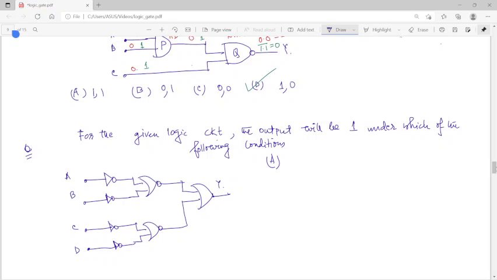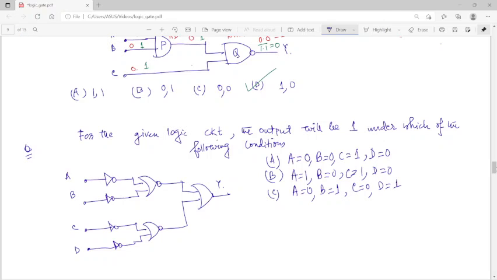The options given: option A, A equals 0, B equals 0, C equals 1, and D equals 0. Option B, A equals 1, B equals 0, C equals 1, D equals 0. Option C, A equals 0, B equals 1, C equals 0, D equals 1. And option D, A equals 0, B equals 0, C equals 1, and D equals 1. So these are the corresponding situations.